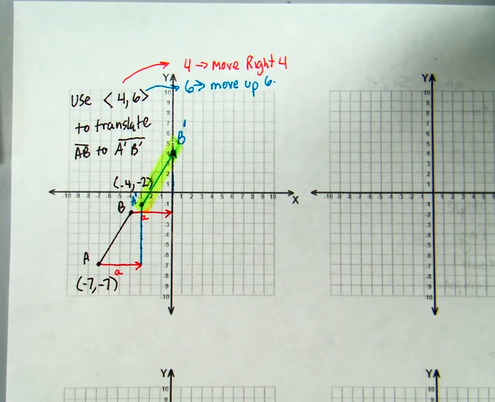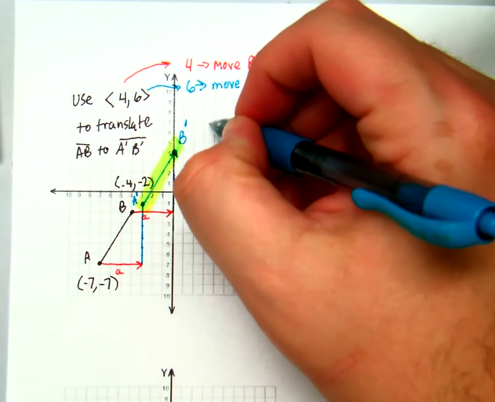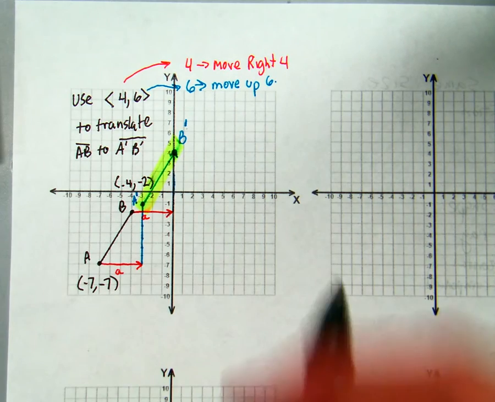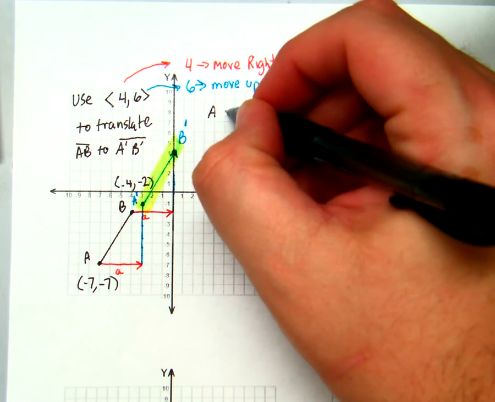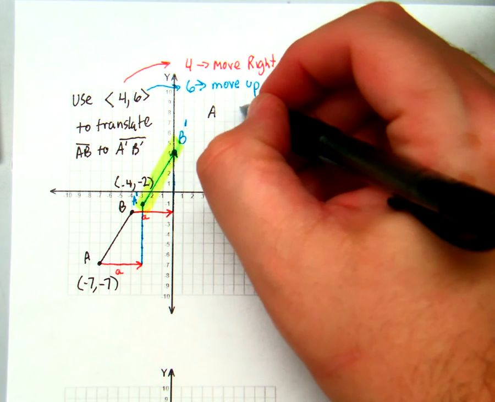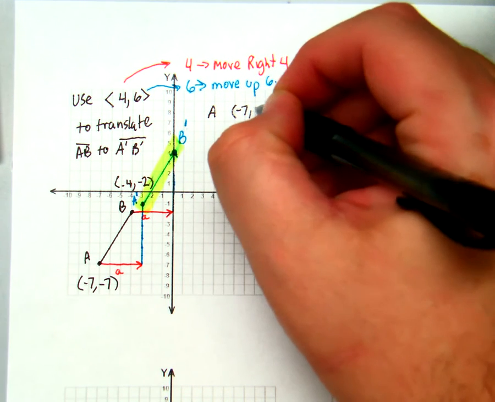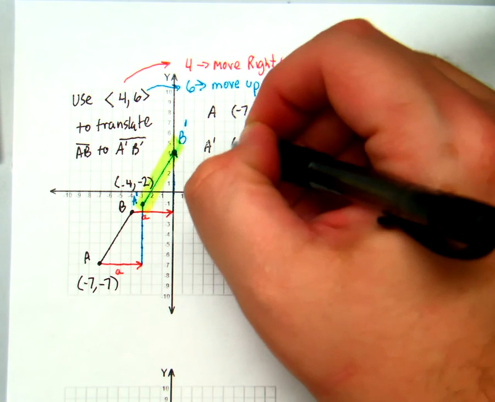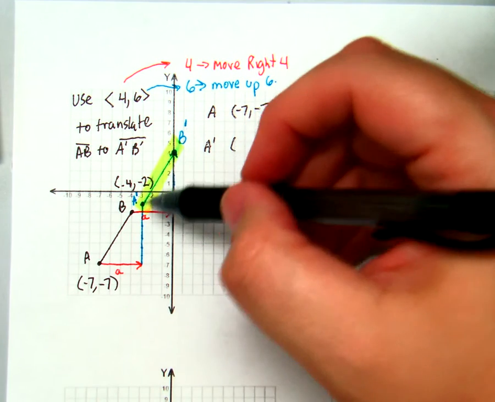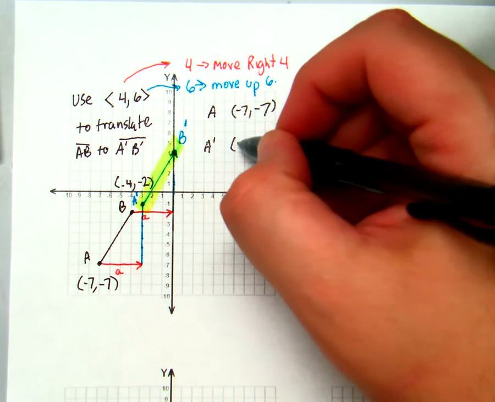Now, A was at -7, -7, and where did A prime end up? A prime is at -3, -1.